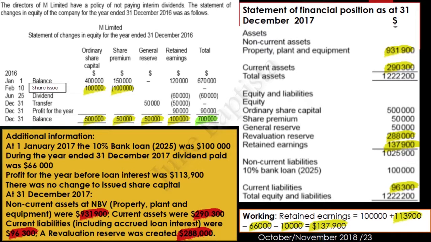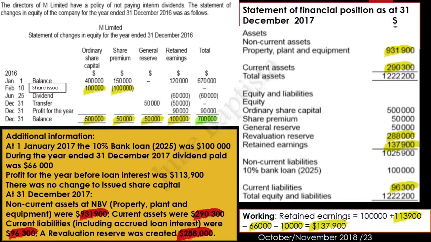Let us start with assets. Non-current assets, which included property, plant, and equipment, $931,900. The current assets were $290,300 to give us a total assets figure of $1,222,200.